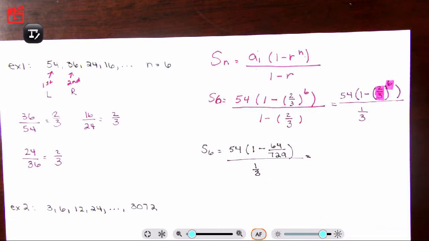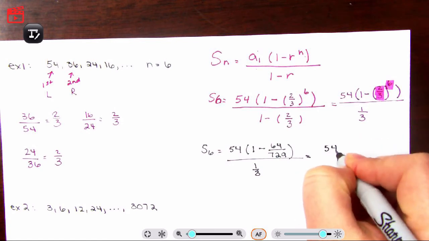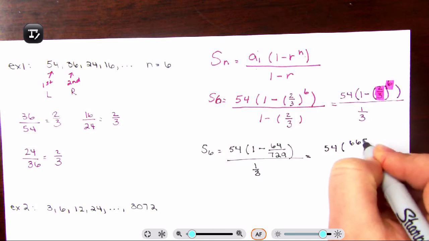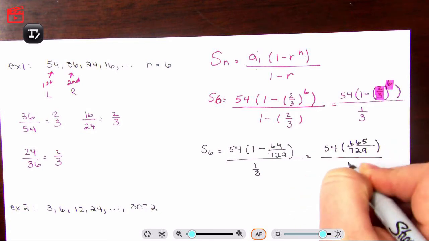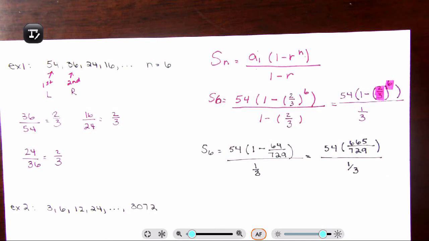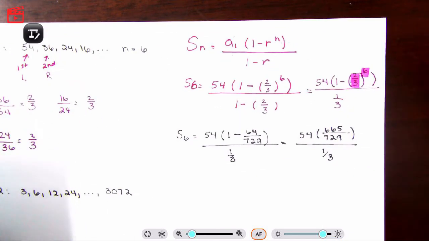Just keep plugging and chugging numbers into your calculator. 1 minus 64 divided by 729. And again, that's 54 times 665 divided by 729, all divided by 1/3. Again, very weird. That's okay.